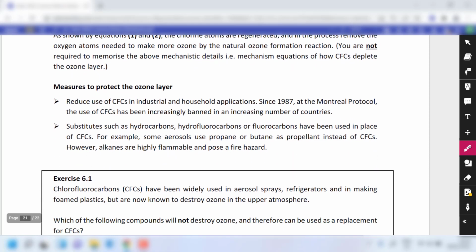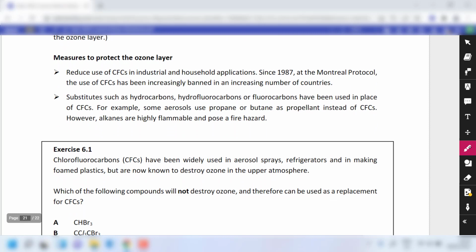Okay, then what are the measures to protect the ozone layer? So of course, reduce use of CFCs, and then use some substitutes, for example propane or butane, but usually they are quite flammable. So I think in most cases we still use CFCs, but we try to limit its use because of the harm it caused to the environment.